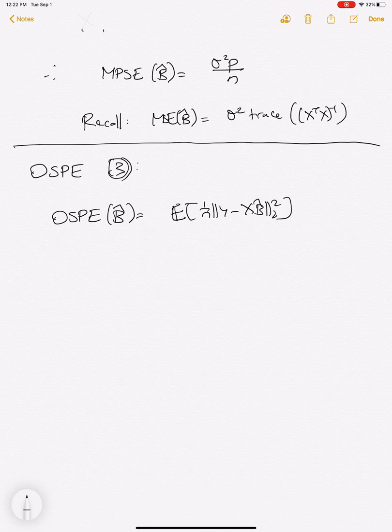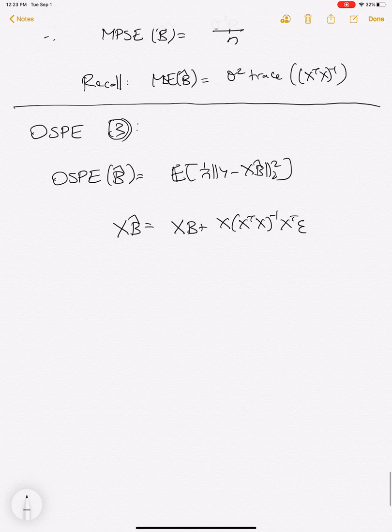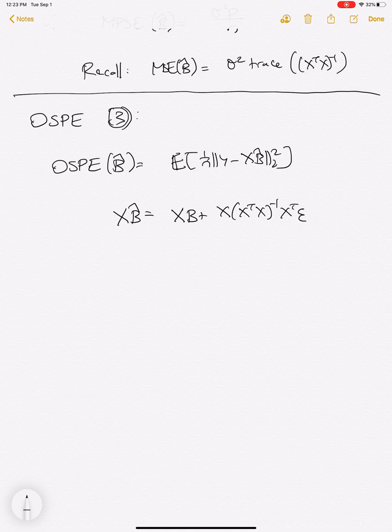This is just following on from the previous calculation. I've skipped a few steps because I've already done this calculation. We also have that y equals xb plus epsilon.